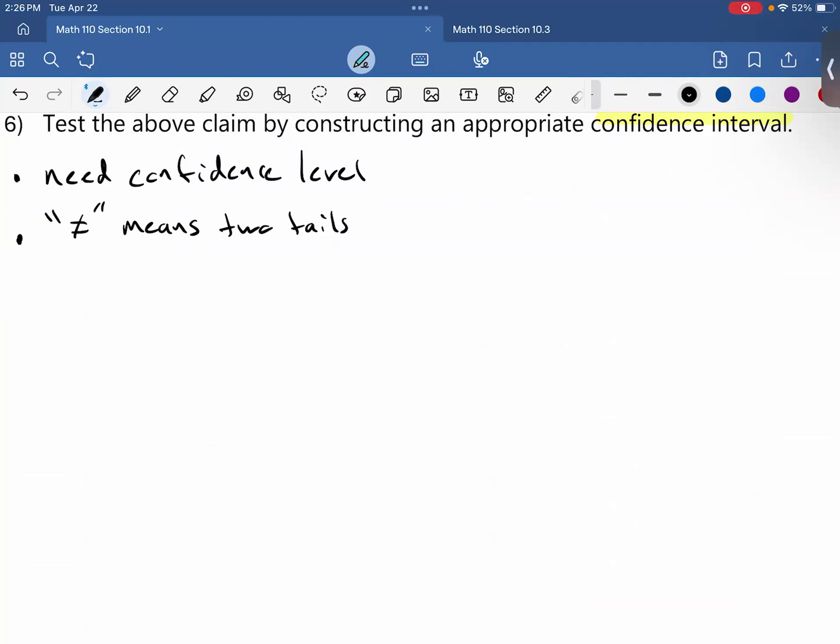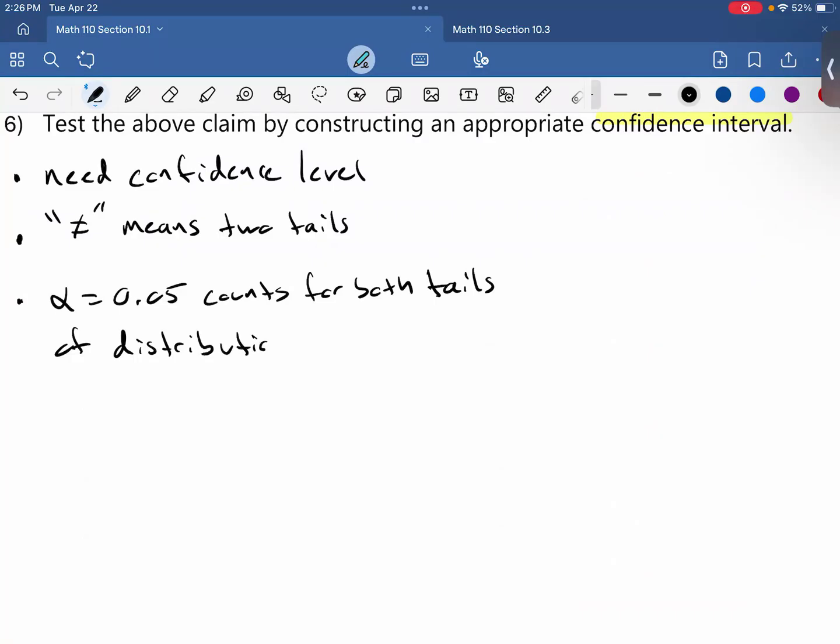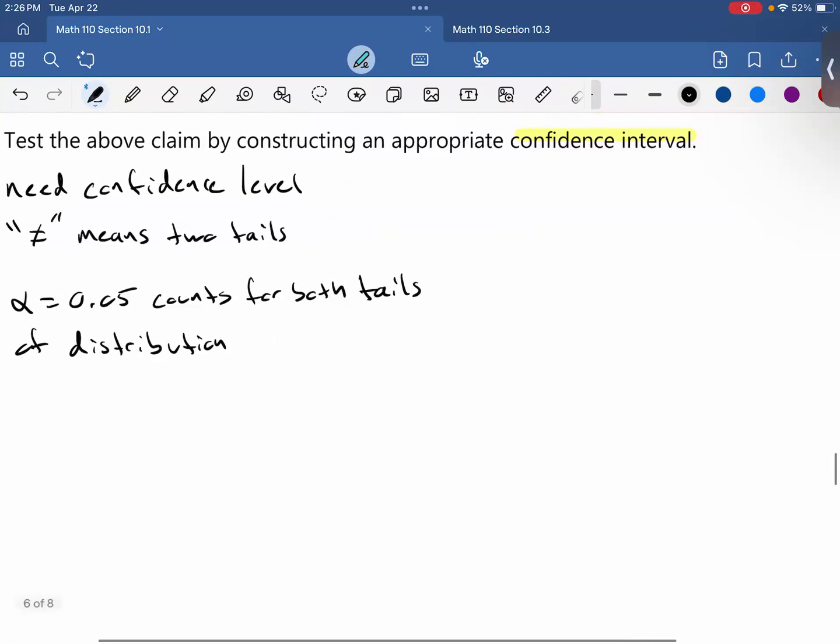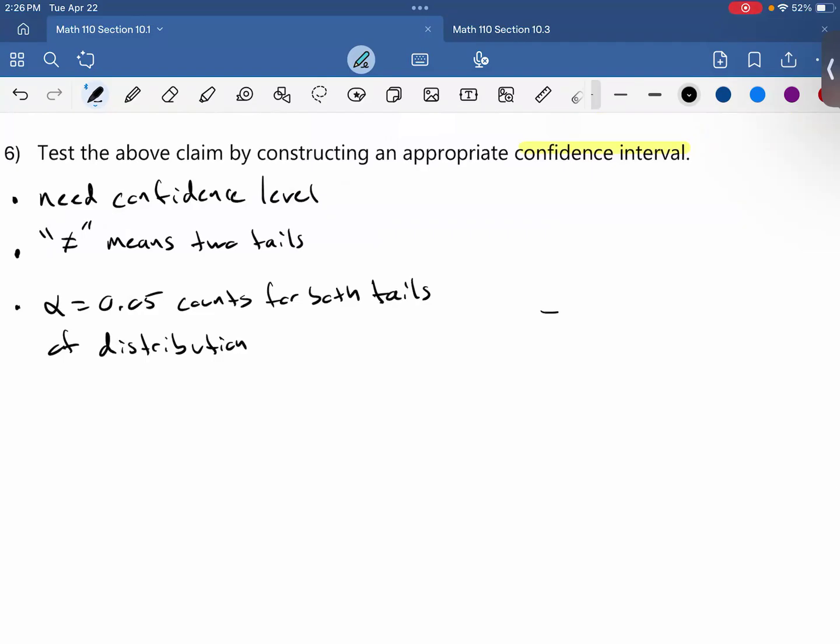So what does that mean? What that means is alpha being 0.05 counts for both tails of the distribution. So if I draw a distribution here and I have my two tails, that means that 0.05 counts for both of these tails.